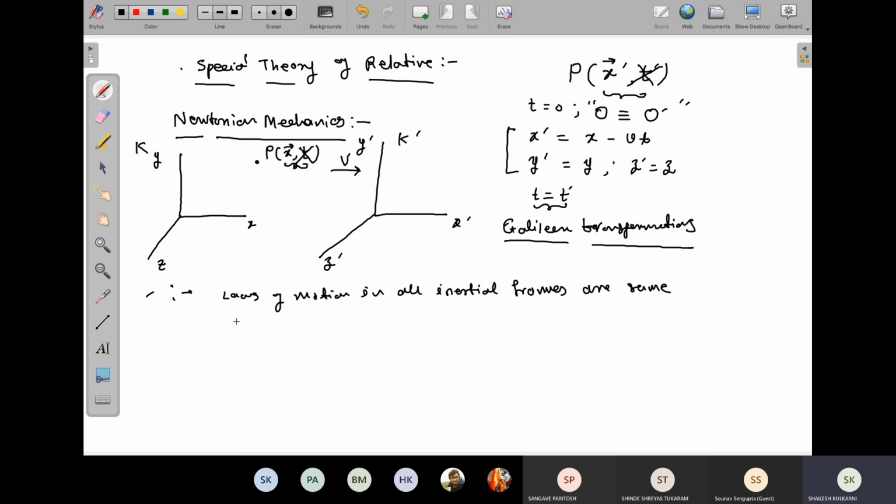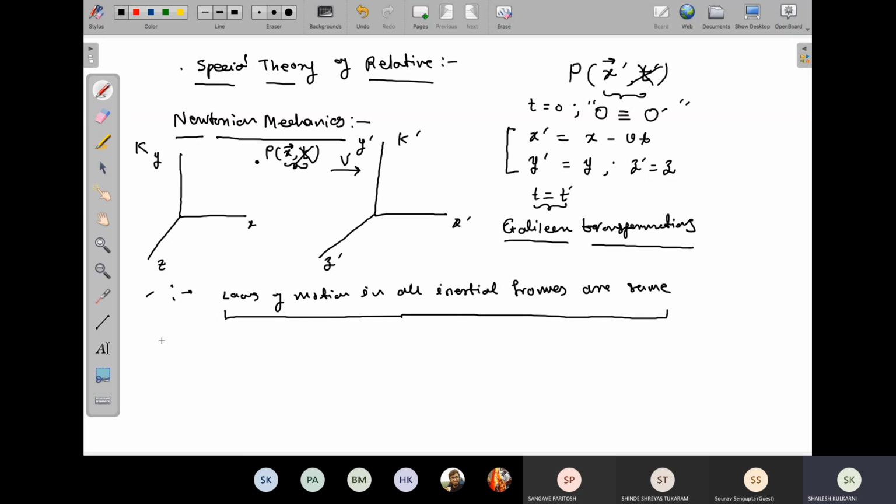That means any equation of motion written in the K frame will not change its form if you transform to the K prime frame according to this transformation. So you take a free particle, or a particle subjected to force, and write down the equation of motion. Its form under this transformation remains the same.